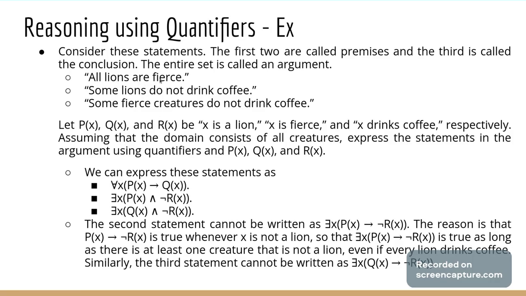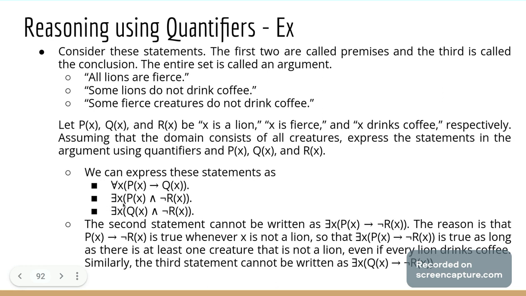Okay, then how will we represent the statement? All lions are fierce. For all X, P of x implies Q of x. So if X is a lion, then it is fierce. That means we are taking the domain as all creatures, not just lions. So P of x implies Q of x for all x is the first statement.